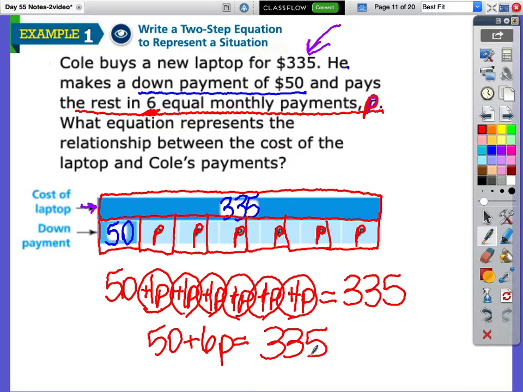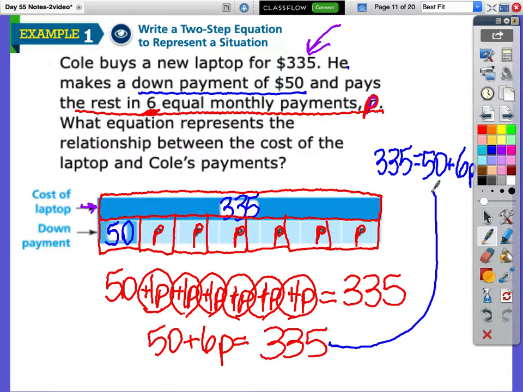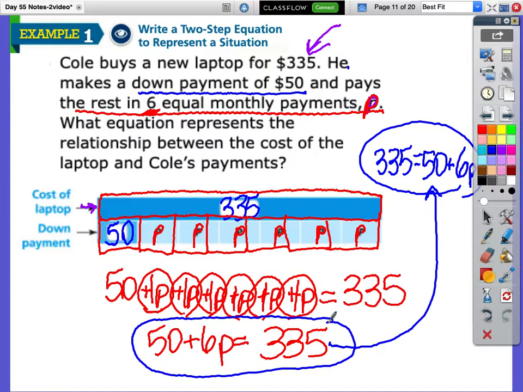Now, you could have said, all right, well, to make up the $335, I'm going to have the $50 plus the 6 payments. You could have written it backwards because look at these two things. You see that those are saying the same thing, we just have them swapped on different sides of the equal sign in each equation.